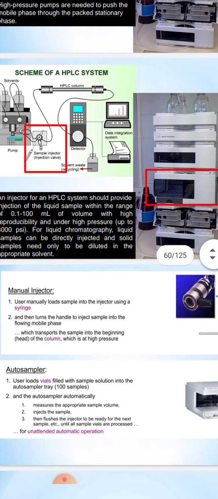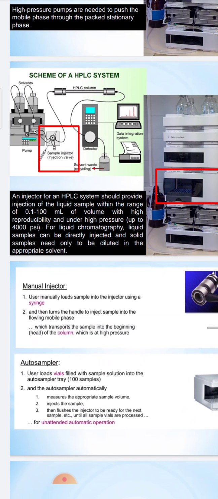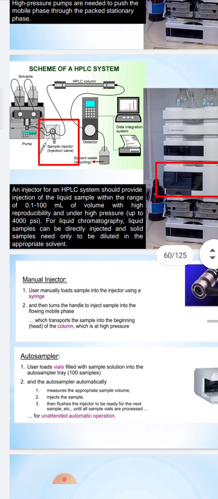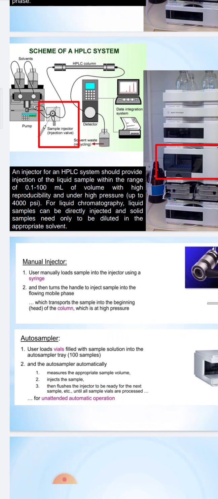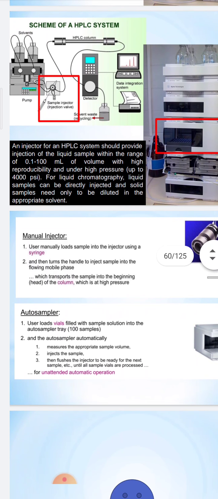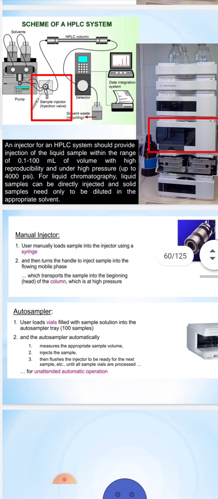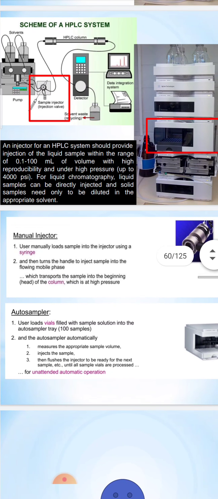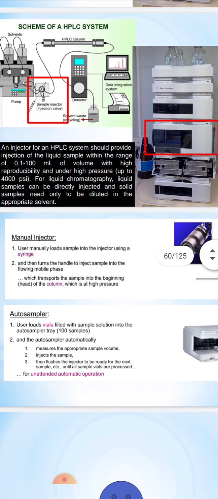Then the sample injector should be there. It should provide injection of the liquid sample within the range of 0.1 to 100 ml volume, with high reproducibility and under high pressure up to 4000 psi. For liquid chromatography, liquid samples can be directly injected and solid samples need only to be diluted in the appropriate solvent.